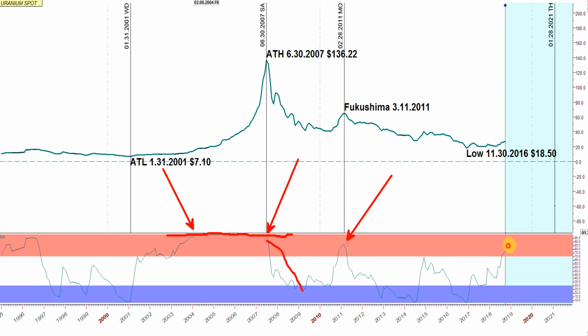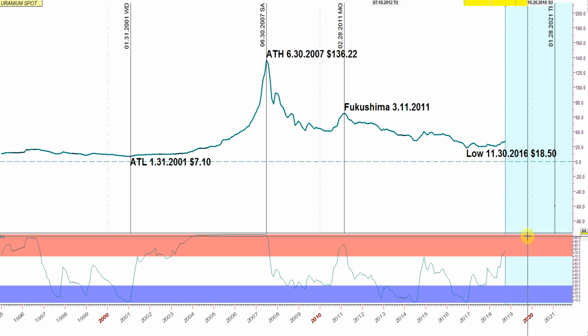But now we're above. So I'm just showing you the bullishness behind the uranium sector. Some say 2019, 2020, things are going to start picking up. It could be true. But as of right now, we're not making lower lows and lower highs. That's the definition of a bearish trend. We're making higher highs and higher lows.